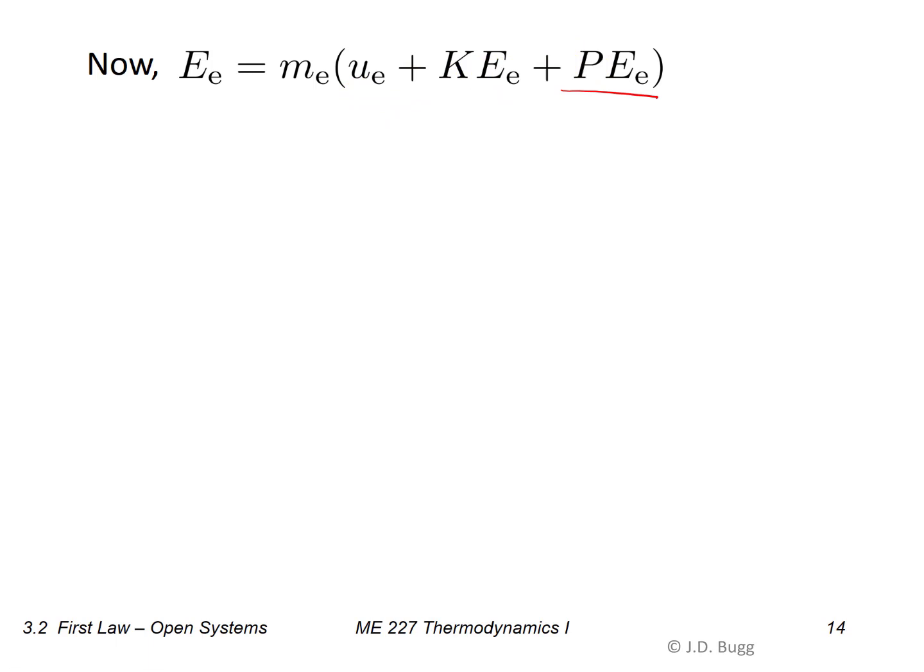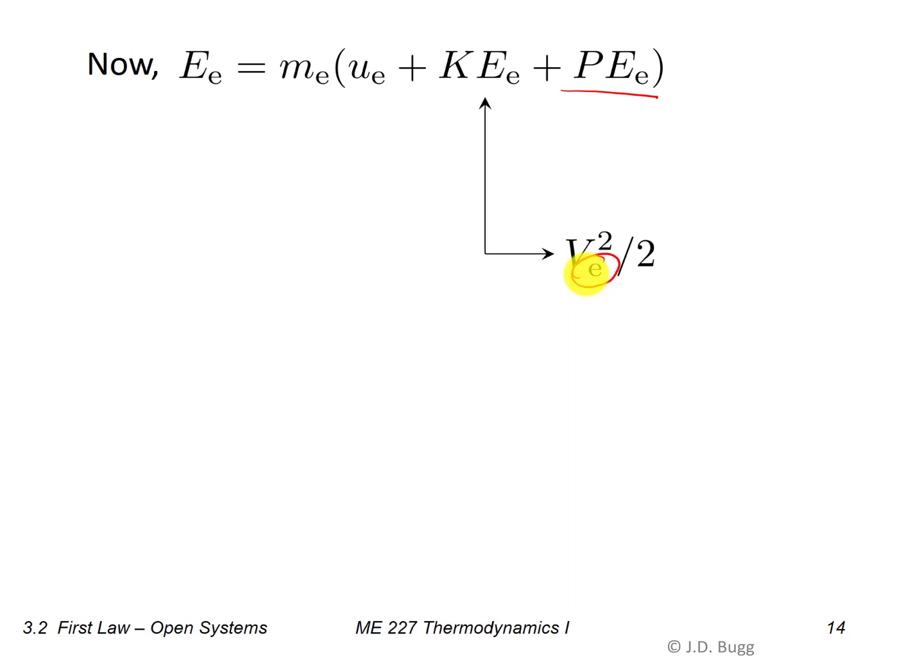Well, the kinetic energy per unit mass is equal to the velocity of the fluid squared divided by 2. So v squared over 2 is the kinetic energy per unit mass. Notice it still has this subscript on it, e, to remind ourselves that here we're talking about the energy at the exit. So the kinetic energy of the fluid leaving our control volume per unit mass is v squared over 2.